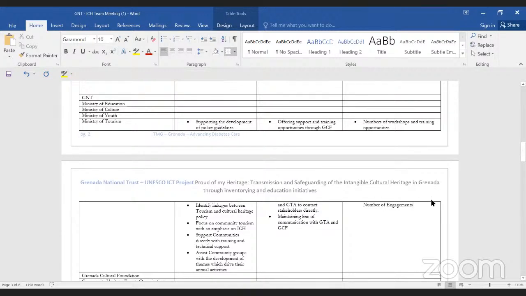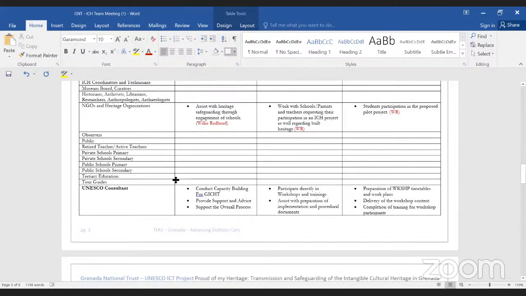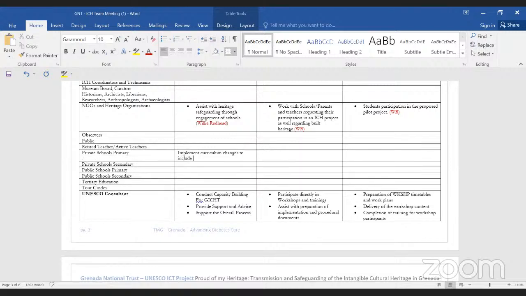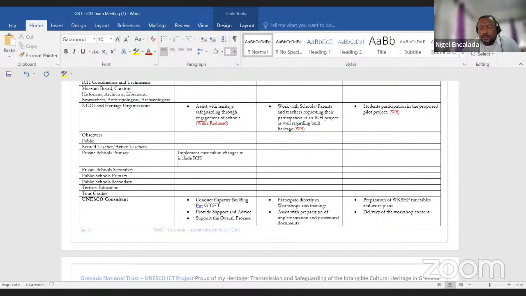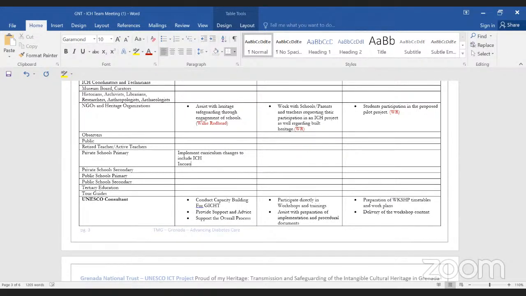Okay, Rachel Finley. So from the private school perspective, I looked at it in two dimensions, from the board aspect and from the teacher aspect. From the board aspect, it would be implementing curriculum changes to include ICH dissemination, and also incorporating into the school practice festivals and activities over the school year to display and present ICH practices at the board level.